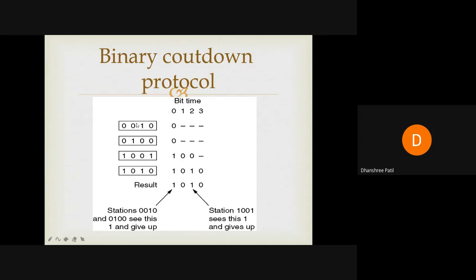In the binary countdown protocol, addresses are used.